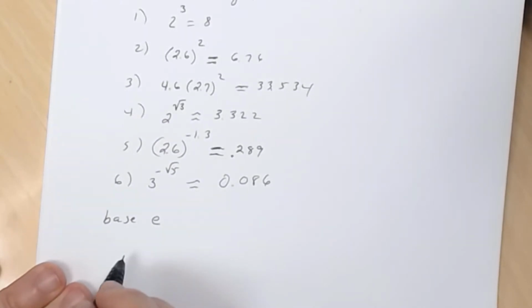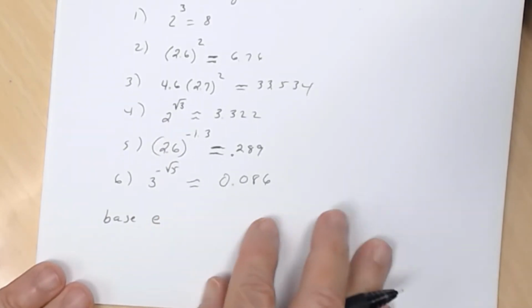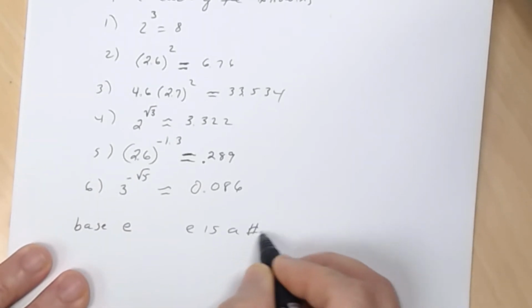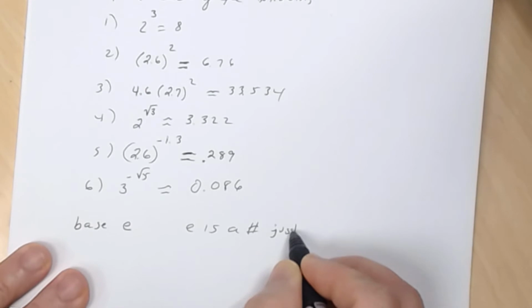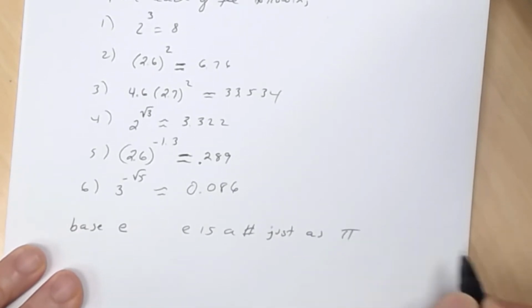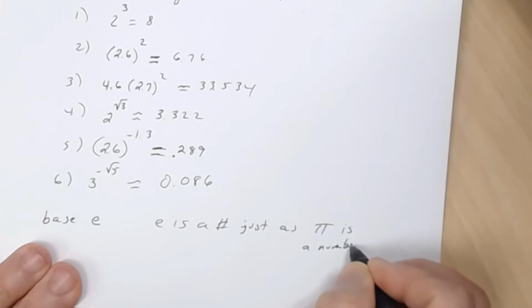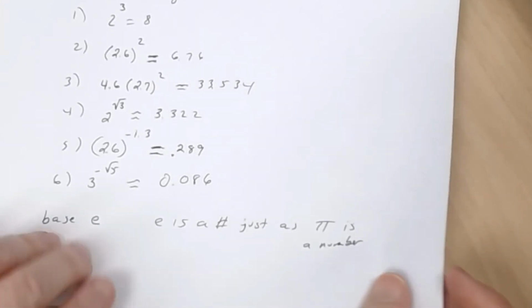So E is a number, just like pi is a number. Remember pi in geometry is a number. Now remember what pi measures in geometry.